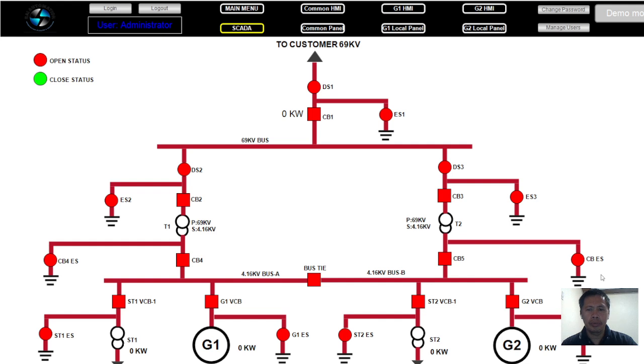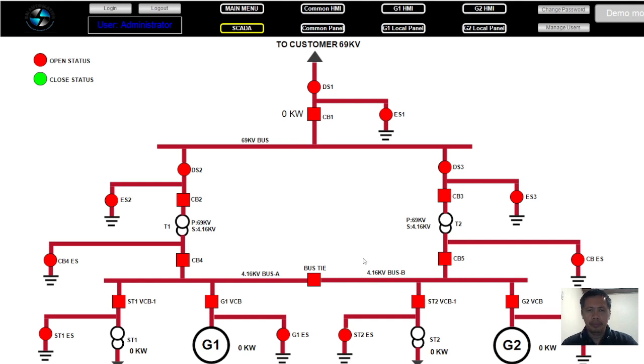We can see there are two gensets here, generator one and generator two. Then here are the medium voltage bus bars, and here is the high voltage bus bar, the 69 kV. Here is the 4160 volts or 4.16 kV bus bars.